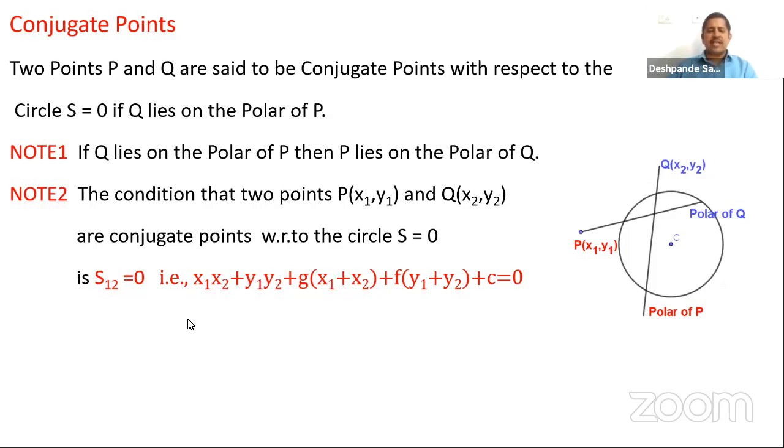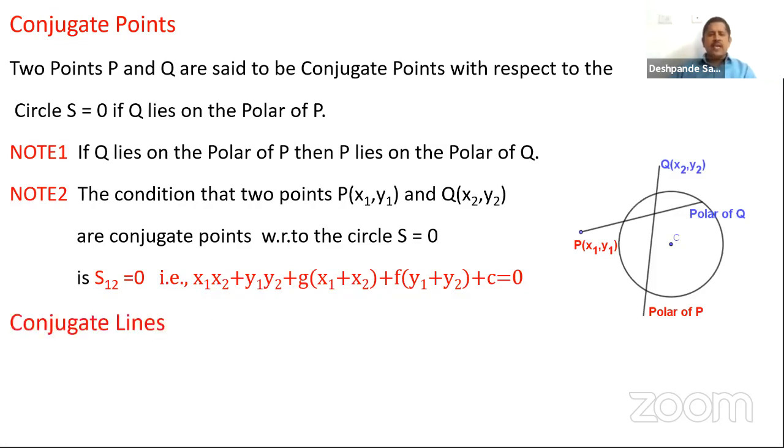If this condition is satisfied, then these two points are conjugate points, where P is given as (x1, y1) and Q is given as (x2, y2). The simple way is to find the polar of the first point and substitute the second point, or find the polar of the second point and substitute in the first point. Then you can say the two points are conjugate, and that is the condition S12 equal to 0.